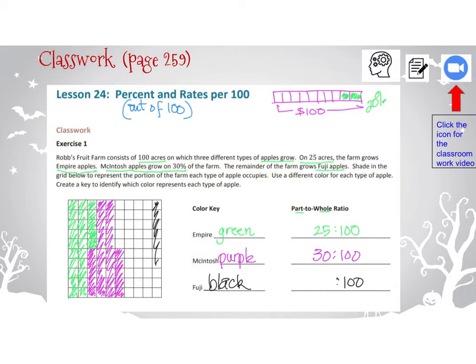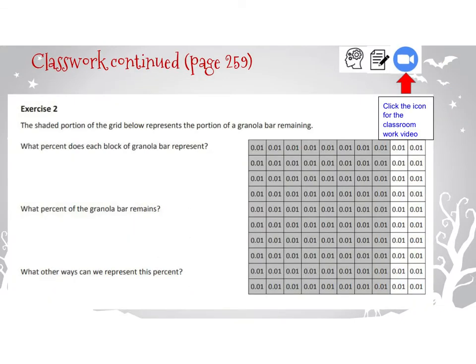There's 10, 20, 30, 40, and 1, 2, 3, 4, 5, 45. And those should all add up. 5 and 5 is 10. 4 and 3 is 7, 8, 9, 10. Yeah, it adds up, so my numbers work. I always double check just in case I made a mistake or an error. I just have to check myself. Okay, let's go to the next problem, which says exercise 2.